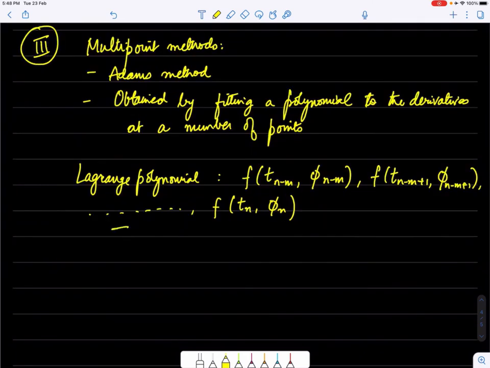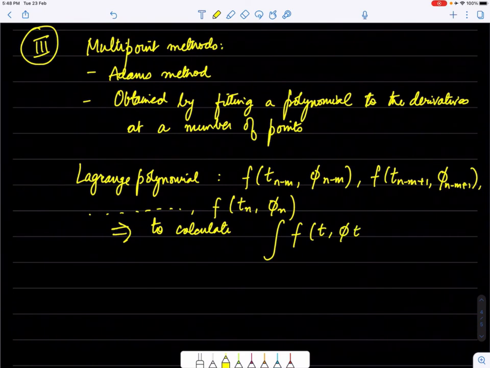So we use this to calculate the integral of f t phi t dt between tn and tn plus 1.